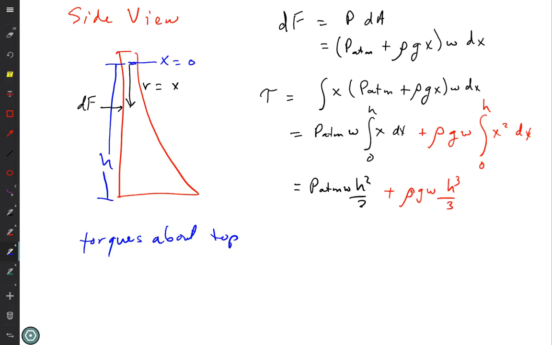If I keep my x defined as x equals 0 at the top, then my perpendicular distance is going to be h minus x. So that's the real key: you're going to have to change either the reference point of where x is, in which case the pressure equation is going to shift from x to h minus x, or shift what the r perpendicular is if you keep the same reference point.